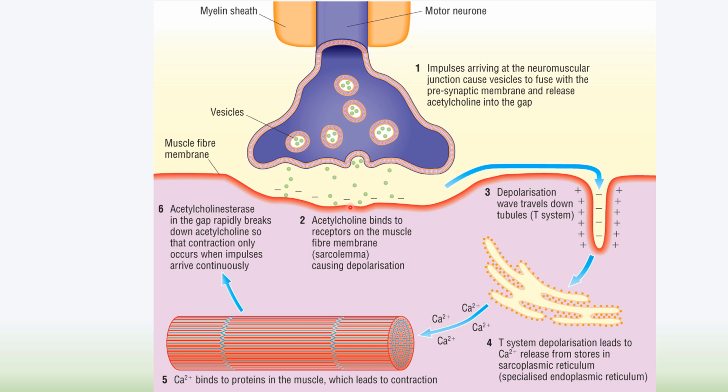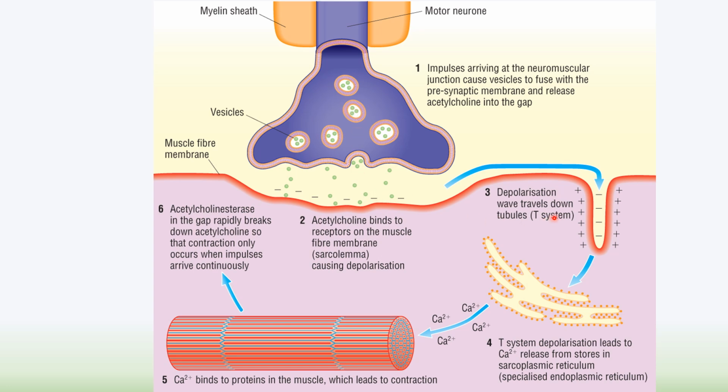That causes depolarization, so sodium ions rush into the muscle cell, and then a wave of depolarization travels down the membrane until it gets to something called a T system, which is effectively an invagination of the sarcolemma. That causes depolarization of the sarcoplasmic reticulum, which releases calcium ions, which causes the muscle to contract. And that will continue for as long as the acetylcholine is being released.